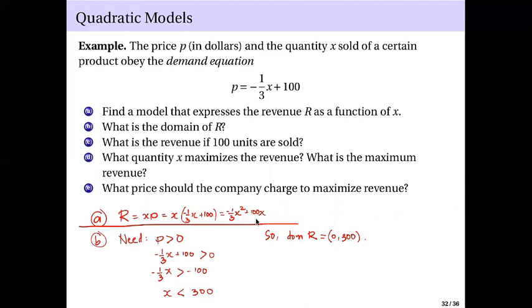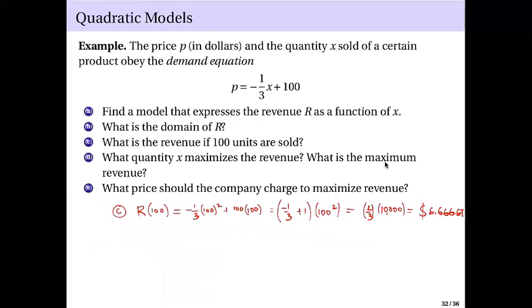So the graph of this function will be opening downwards, which means the graph has a highest point. So revenue has a maximum value. The question is, what is that number of items, and what is that maximum value?